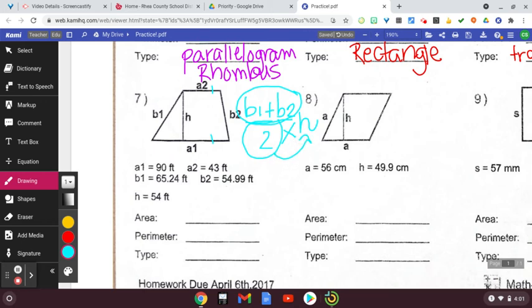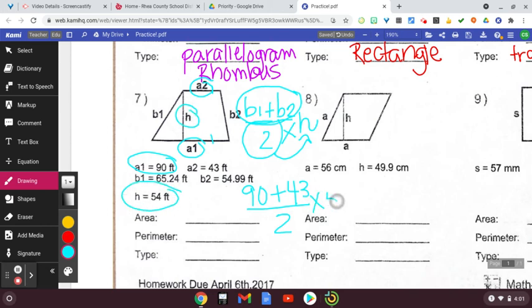So if I look again, this is very similar. Our A1 and our A2 is our base 1 and base 2. So you're going to add your 90 and your 43. You're going to divide that value by 2. Then our height is 54. So then we're going to multiply that by 54.